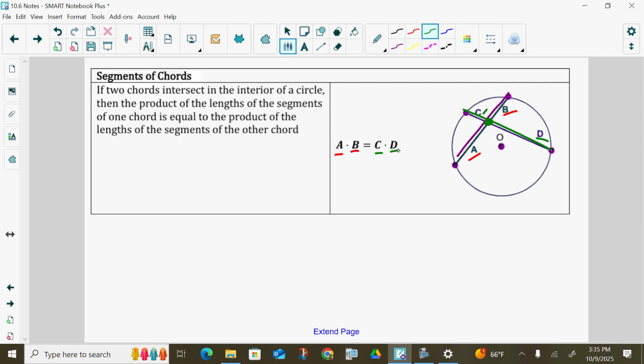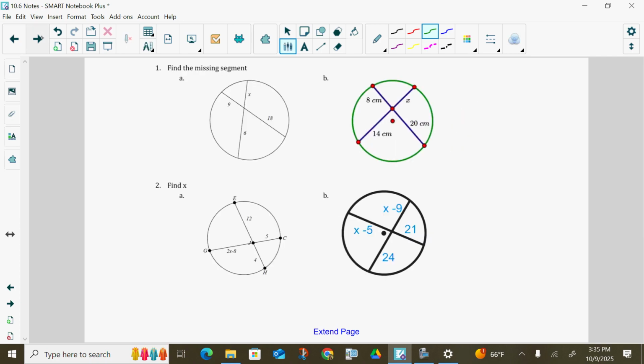So let's try that a few times. I'm going to do 1A with you, and then you're going to do 1B on your own. So let's start with 1A. We take a look at our first chord. It's split up into 6 and x. I'm going to say 6 times x. And that's going to be set equal to our second chord, which is split up into 9 and 18.